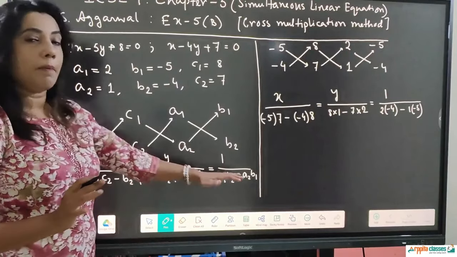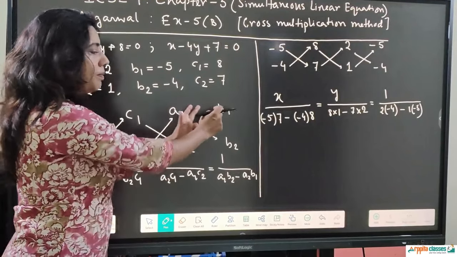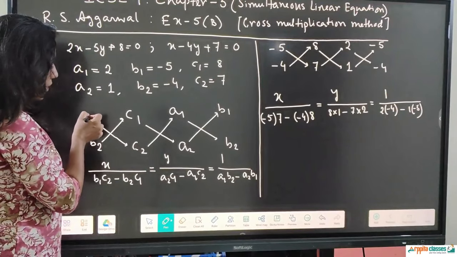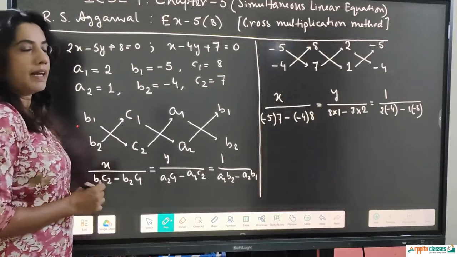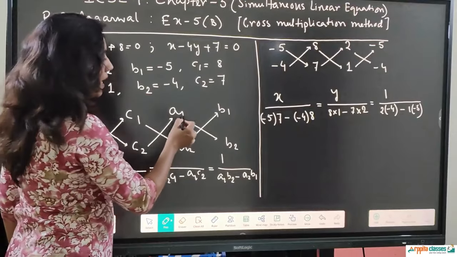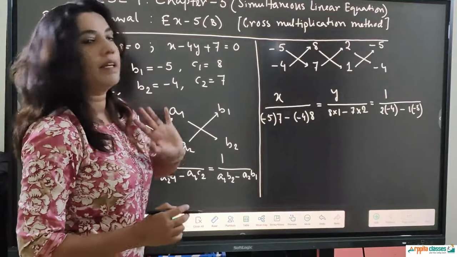But if you do not remember the formula, just write down B1, B2, C1, C2, A1, A2 and B1, B2 again, and then cross multiply starting from upwards like this. Then there is a minus sign in between, then again cross multiply like this: these two multiplied minus these two multiplied. And we have to write it this way.